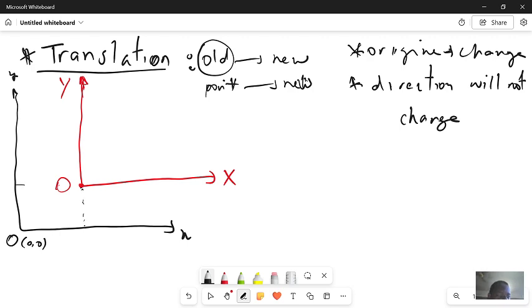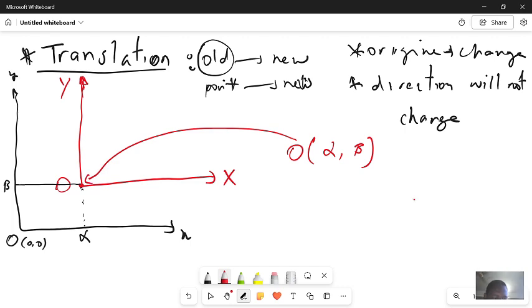Let's say I have alpha as the x-axis, and beta as the value of y. That means the new origin O of the new plane is (alpha, beta). This is the coordinate of the new origin in the old plane.